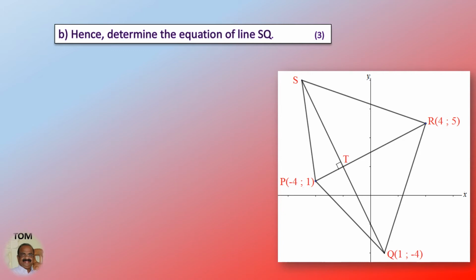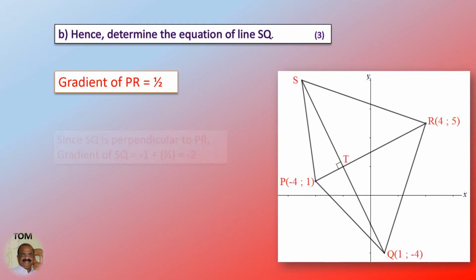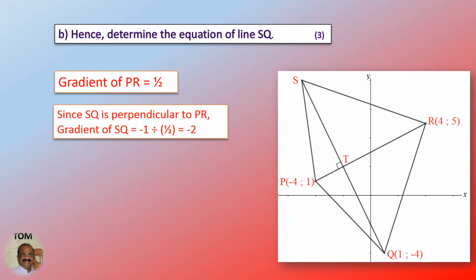From the previous question, we have gradient of PR is equal to half. Since PR is perpendicular to SQ, we can calculate the gradient of SQ. We know the property of the perpendicular lines. So gradient of SQ is equal to minus 1 divided by half, which gives us minus 2.